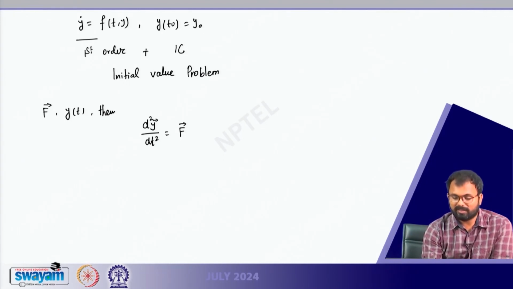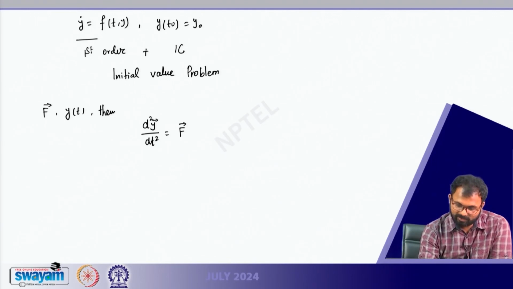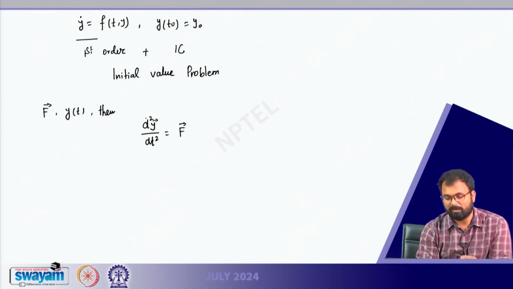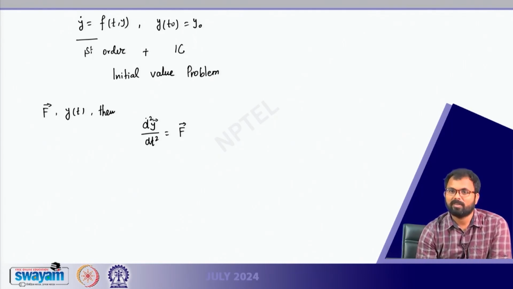So this here is basically your second order ODE, because the derivative order is 2. You have the second order time derivative of the displacement y. So this is a second order ODE, first degree.